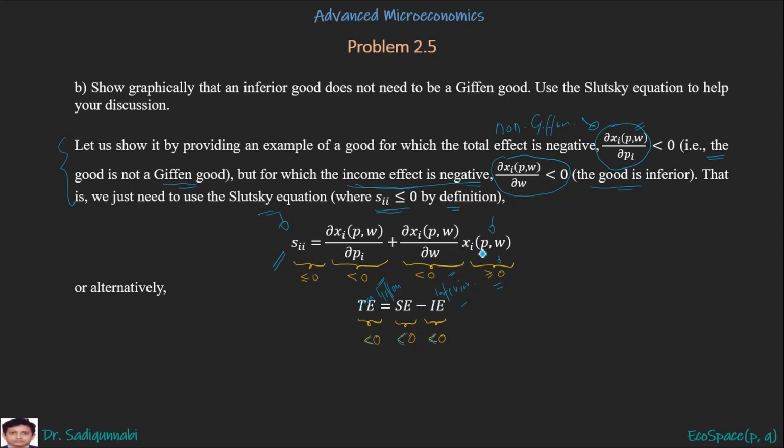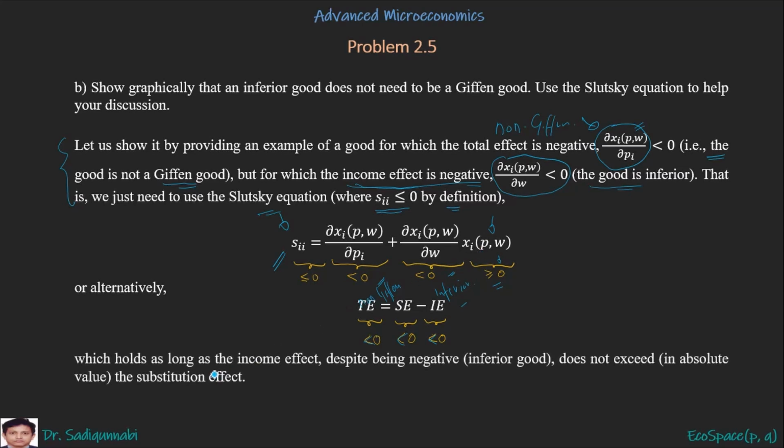And this is possible as long as the income effect, despite being negative, which means an inferior good, does not exceed in absolute value the substitution effect. If the absolute value of this is greater than the absolute value of this, then the total effect becomes negative.